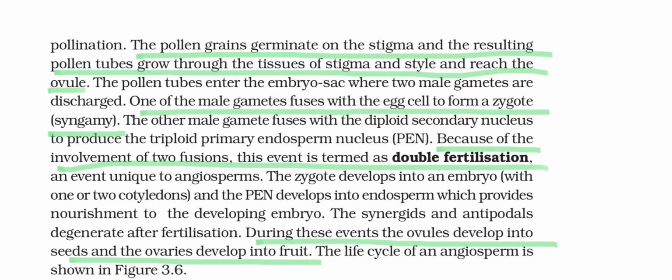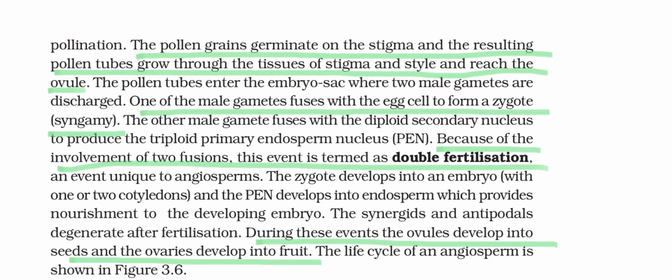Then one more important event is pollination. Pollen grains are developed, but they have to travel to the ovary for fertilization. There are many means, like they are carried by wind, water, and even with the help of certain animals, birds, insects, etc. This pollination also you are going to study in detail in your 12th standard.